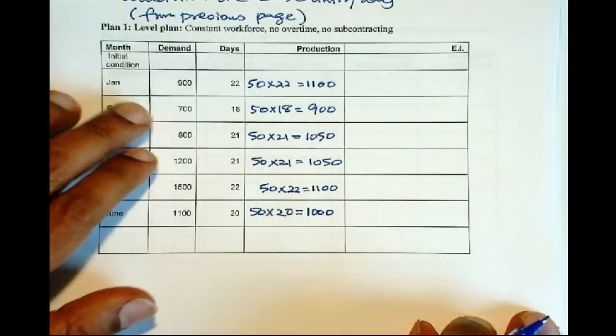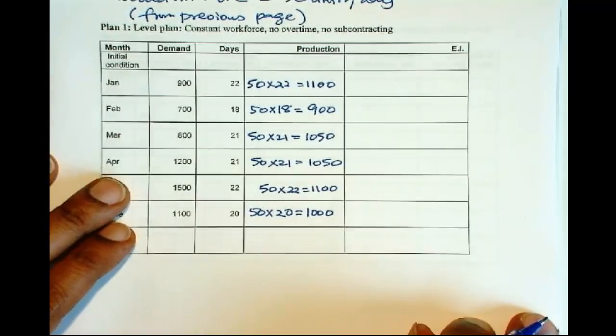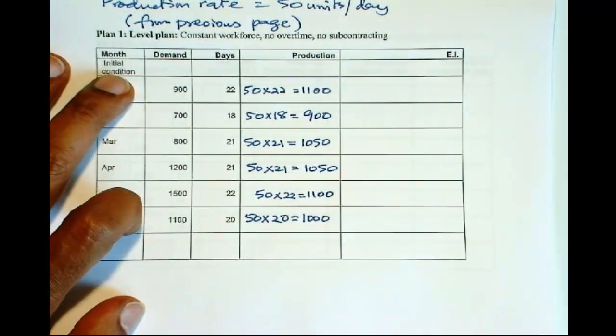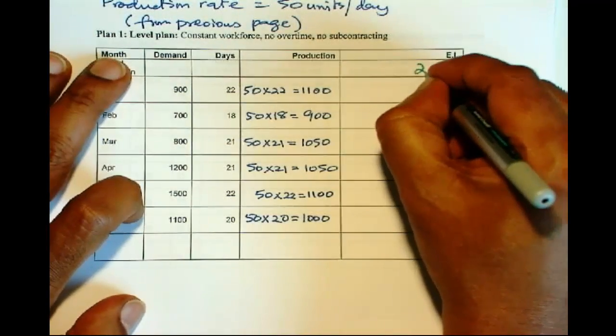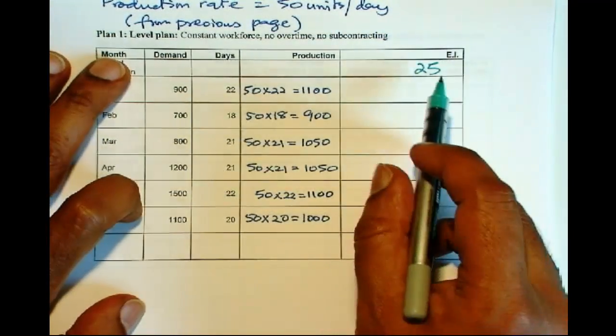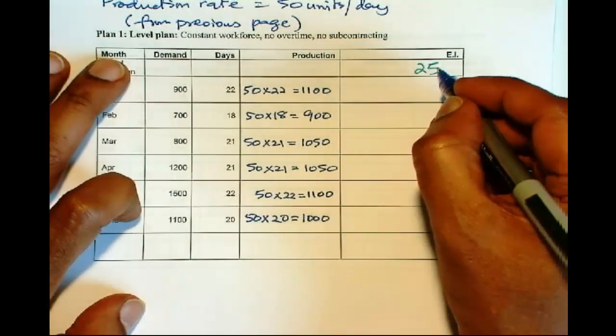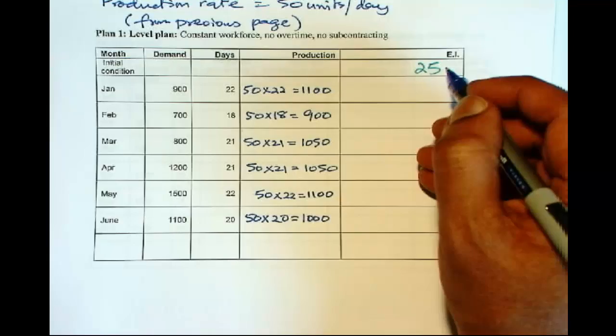Okay, so now remember our initial condition, we start with 25 units. So this is given, so our initial inventory is starting. This is one of the differences between our problem here and the problem in the textbook.